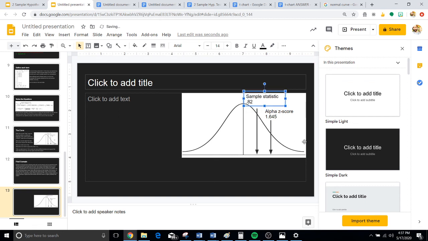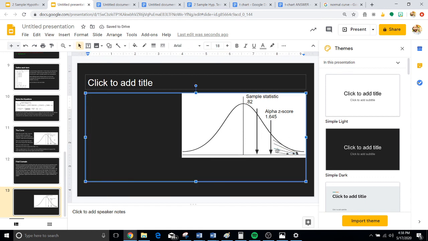If I move this one a little, make it a little easier to see. There we go. We, of course, need to identify where our rejection zone is. Well, our rejection zone is going to be to the right of our alpha z-score. So here's our rejection zone. And after looking at this one, we can pretty clearly see that our sample statistic is not in our rejection zone. It's outside of it. What does that tell us?